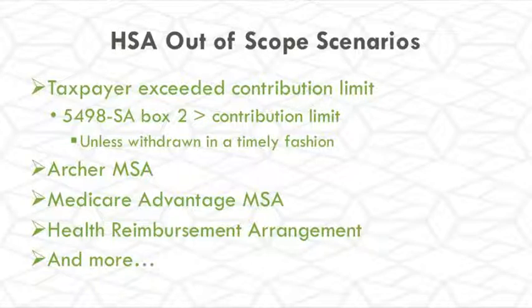Now, this will not be out of scope if the taxpayer exceeded the contribution limit but withdrew that in a timely fashion. Other types of scenarios that are out of scope are Archer MSAs, Medicare Advantage MSAs, health reimbursement arrangements, and others.